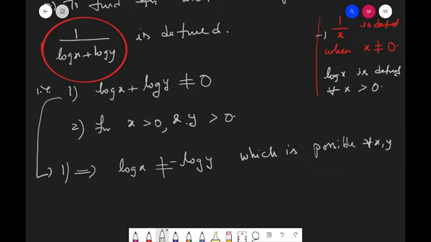For any x comma y, you will not have log x equal to minus log y. It will never happen. So log x is not equal to minus log y, which is possible for all x comma y. Therefore log x plus log y is not equal to 0 for all x comma y in R, I can say.